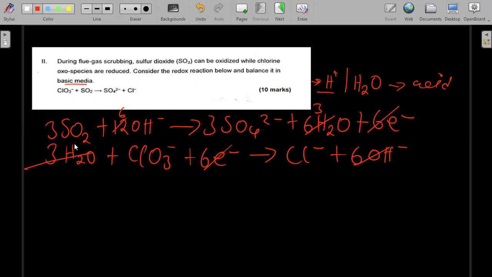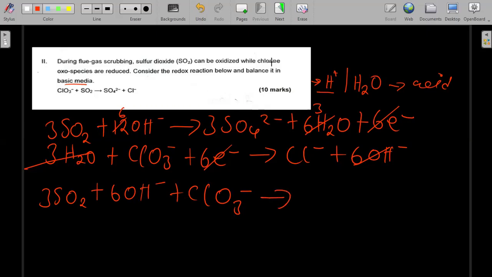So you notice that here we've remained with 3SO2, then plus 6 hydroxide ions, and we've also remained with the ClO3 minus there. Then this is giving us, on the other side, you do the same. So you check what you've remained with.